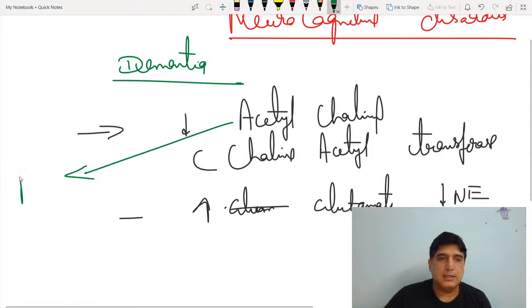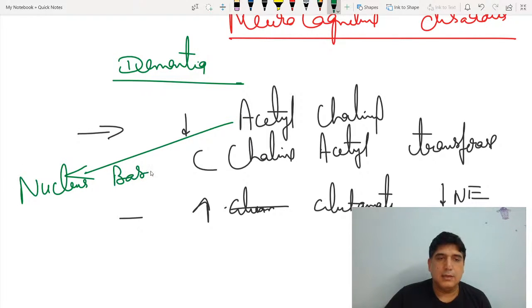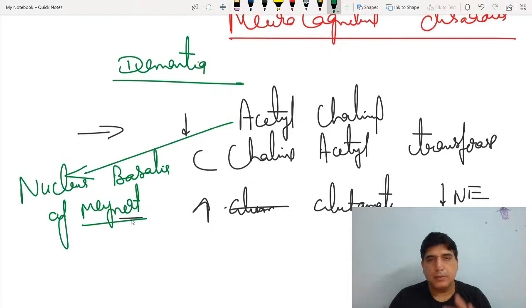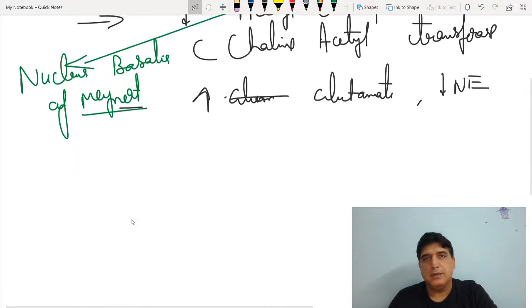Acetylcholine decreases in nucleus basalis of Meynert. They can ask about the biochemical theory. So acetylcholine decreases, or which enzyme decreases? Choline acetyl transferase. Glutamate increases, norepinephrine decreases. Acetylcholine decreases in nucleus basalis of Meynert.